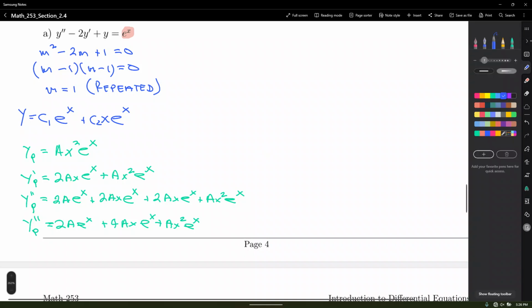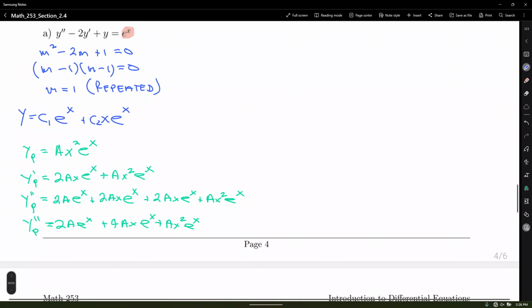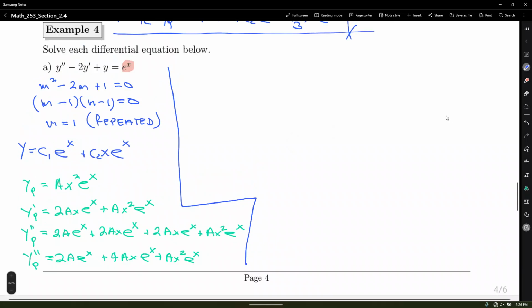Go back to blue here. Substituting the second derivative, which is all this madness we just computed, that's 2a e to the x plus 4ax e to the x plus ax squared e to the x, minus 2 times the first derivative.